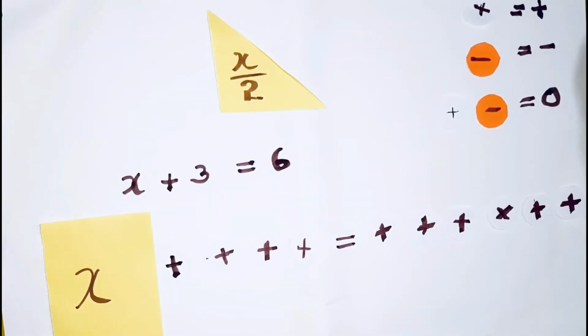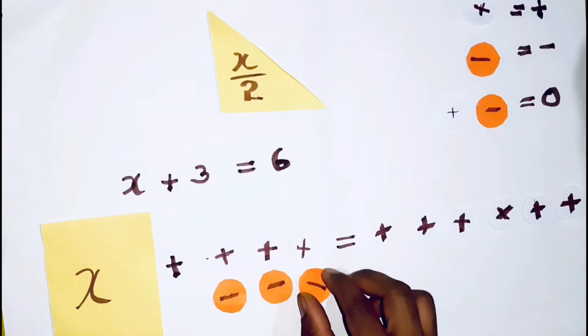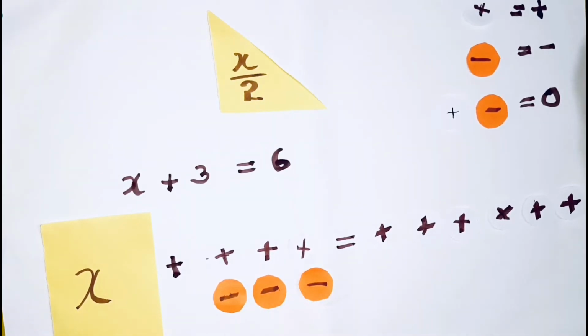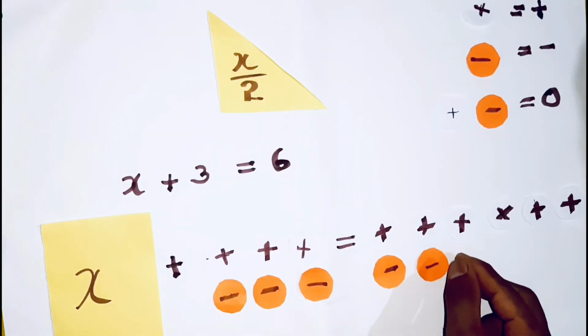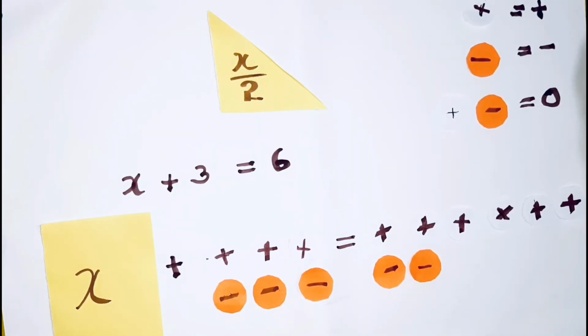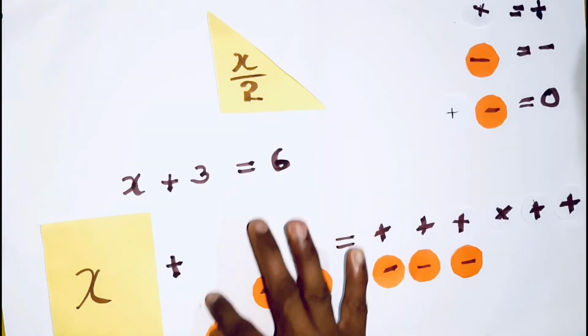Now we'll keep minus counters. Here it is 3, so we'll keep 3 minus counters. Here also 3 counters. Okay, so as we are told here, plus and minus form 0, so this will be cancelled.